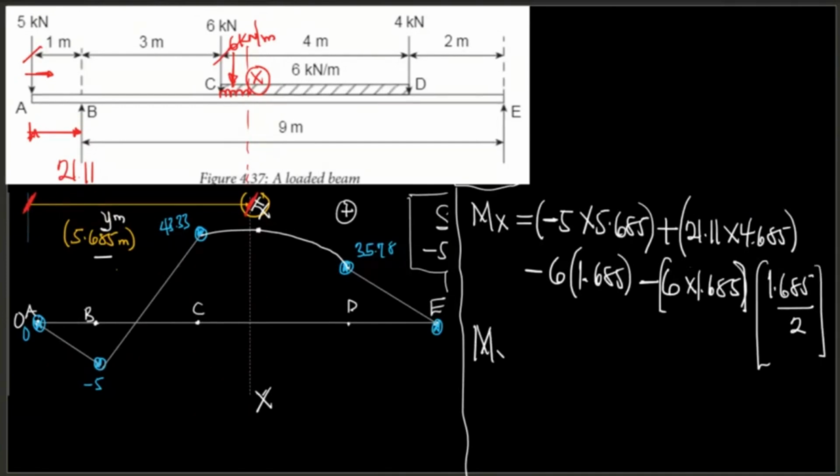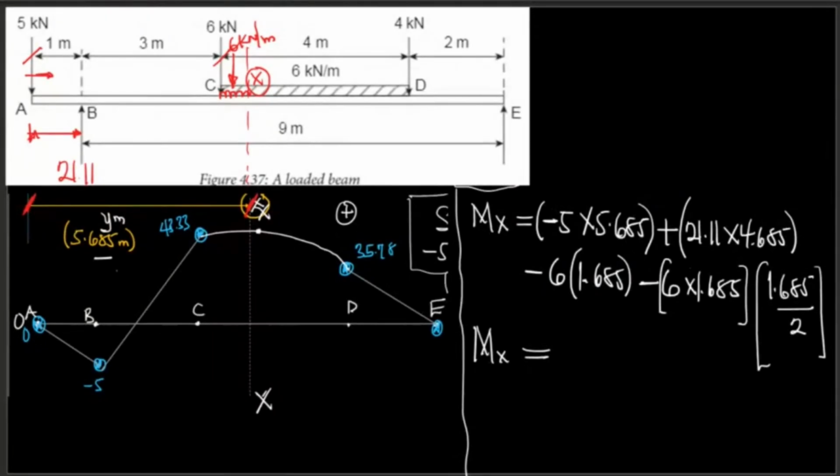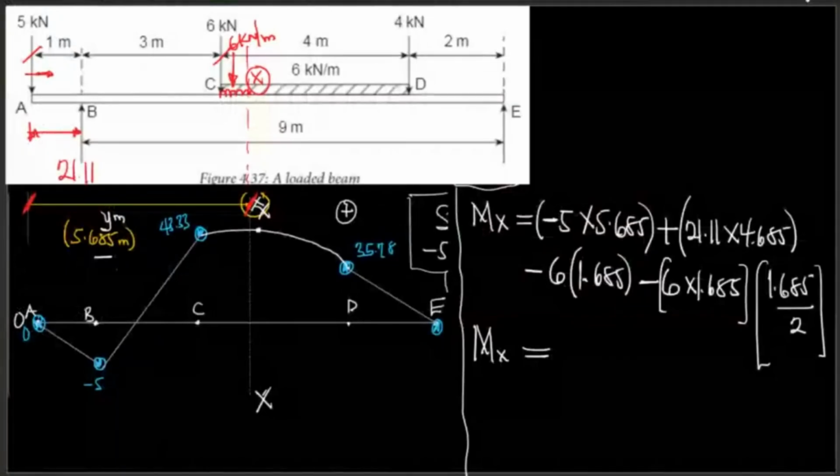So can someone give me the value of the maximum bending moment? Do you have any questions you want to ask here, guys? I just took moment about that section, which is X. 51.852. Thank you.